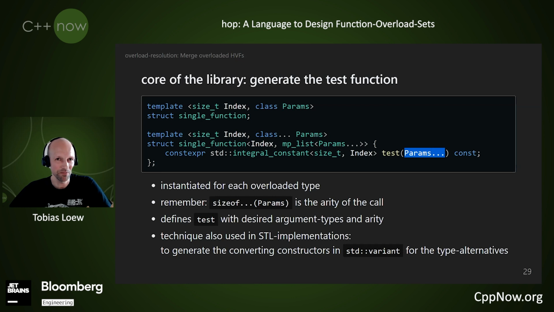Because there you have these converting constructors where you can have a variant with an int and a string, and you can give it a double, and it says, okay, a double matches an int. It's implicitly convertible, and that's how variant also does it. They generate all those converting constructors for each of the variant types in a base class, and then select the one that overload resolution matches best.